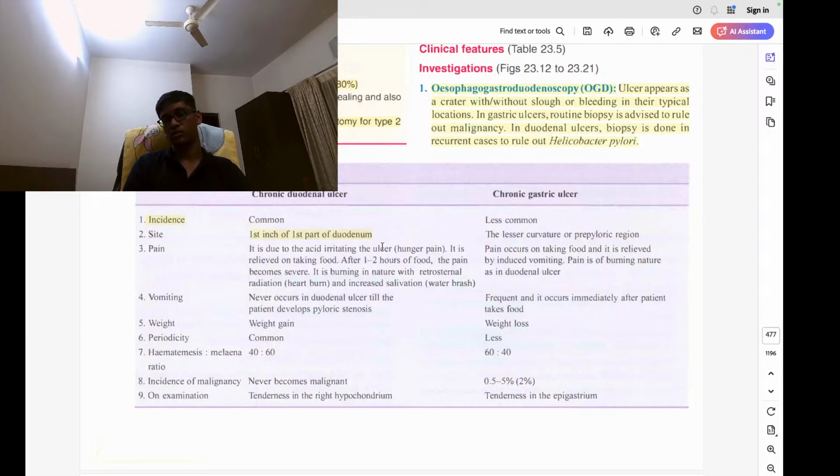In duodenal ulcer, hunger pain, relieved on taking food. After 1 to 2 hours, the pain becomes severe, burning in nature with retrosternal radiation. Heartburn and water brash. Okay.